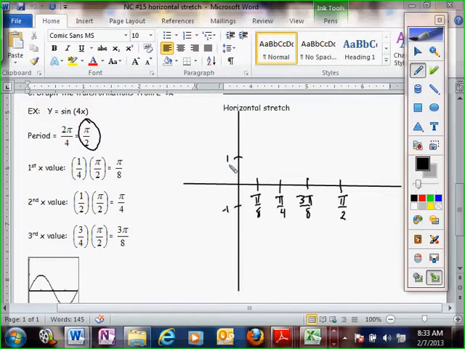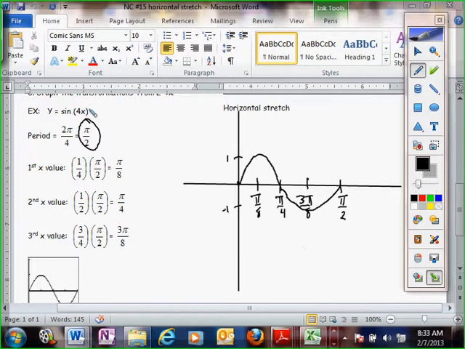Negative 1 and 1, the lowest and highest values. And if you remember that sine starts at the origin, it comes up to the first value here, then it's going to go back through the x-axis at the middle value, and then at the third value it's going to reach its minimum, then it's going to come back up through, and that's how you would start this problem.